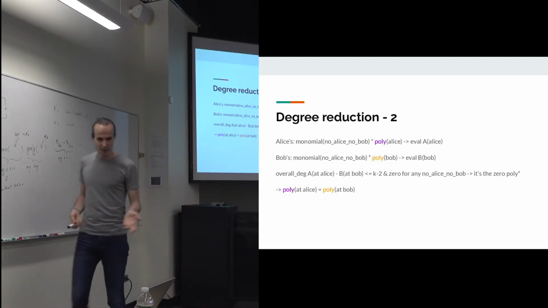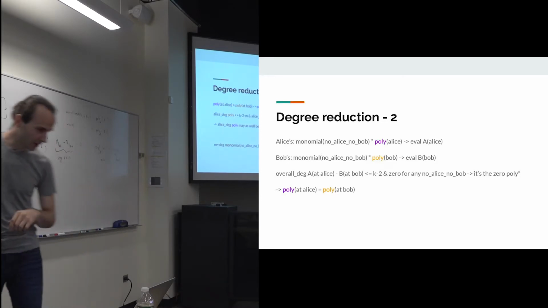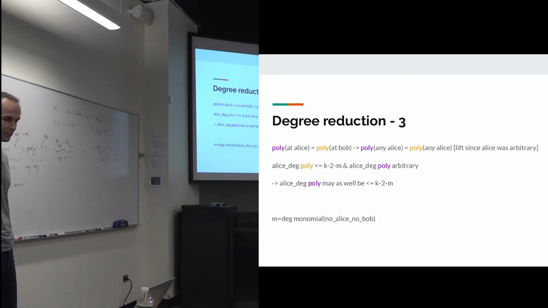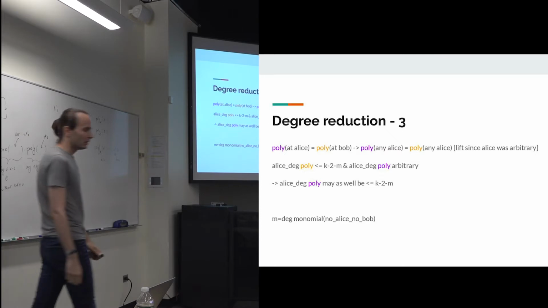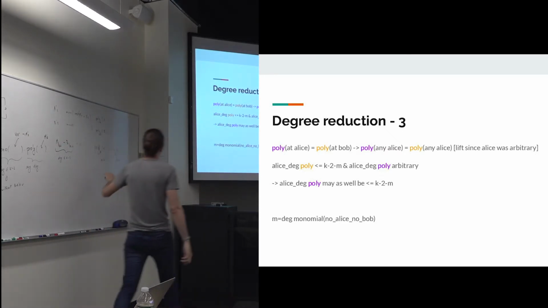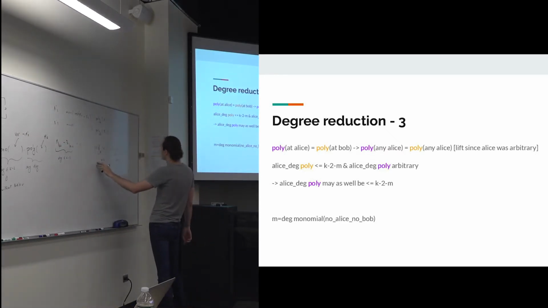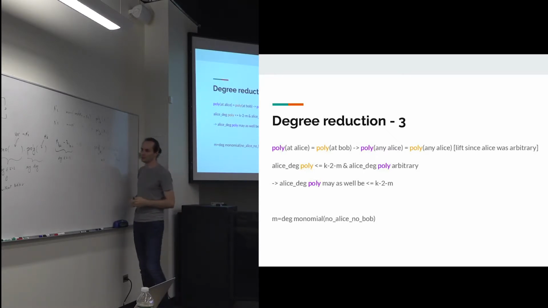actually I need to change slide because I'm getting ahead. So this degree here would be arbitrary, but this degree here would be bounded because Bob doesn't have any of the secrets that Alice already has. So this one has arbitrary degree, and this one is bounded.